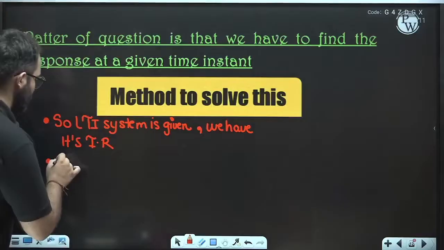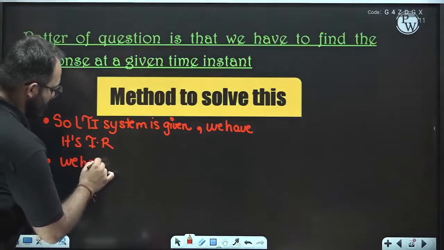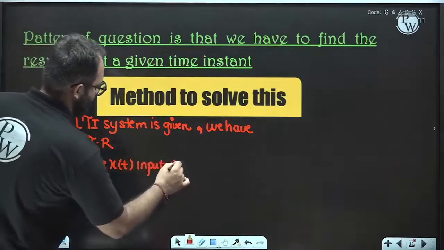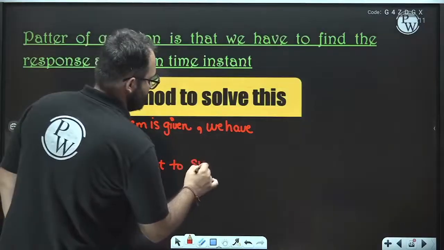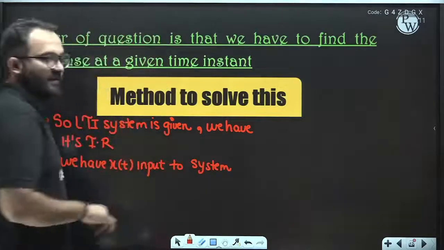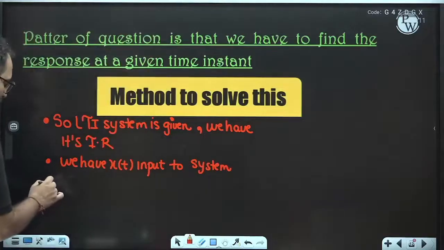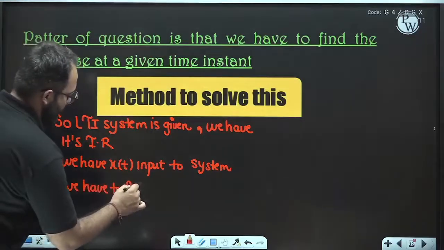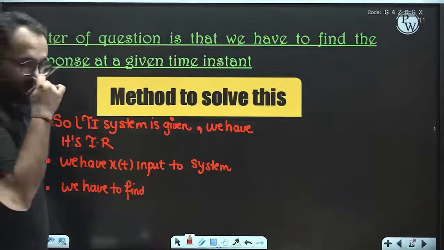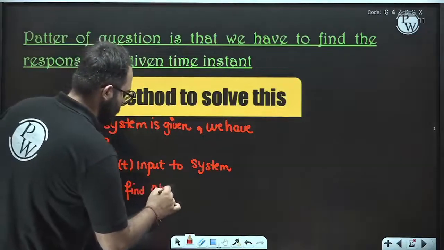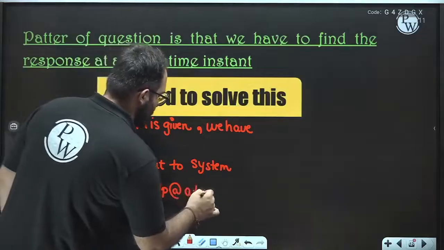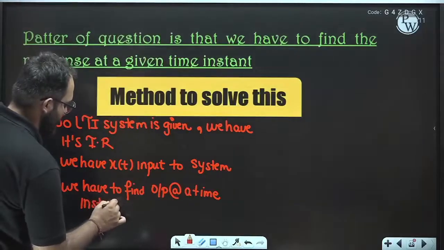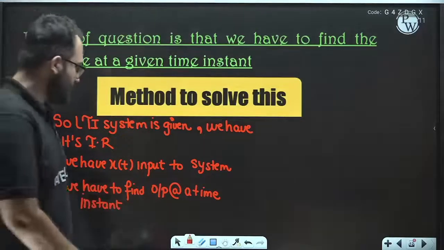Now the input x(t) is also given to us. We have to find the output at a particular time instant.